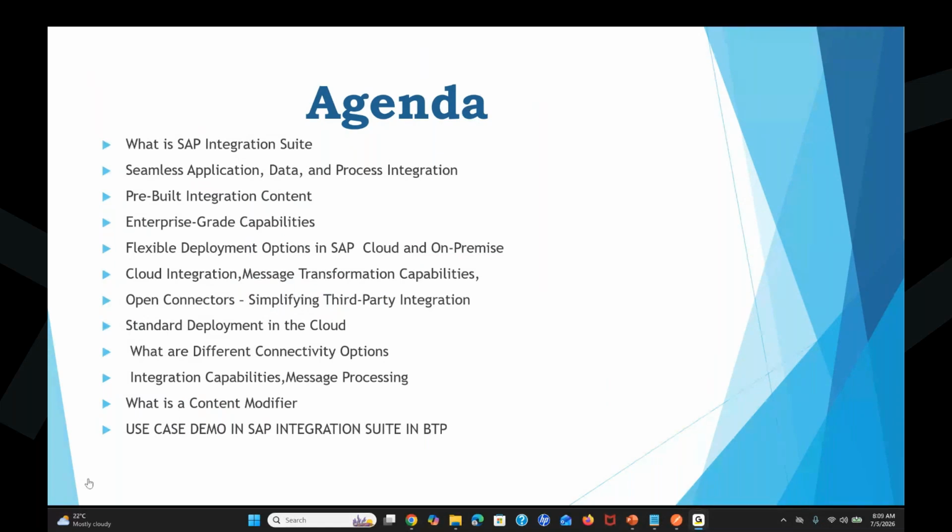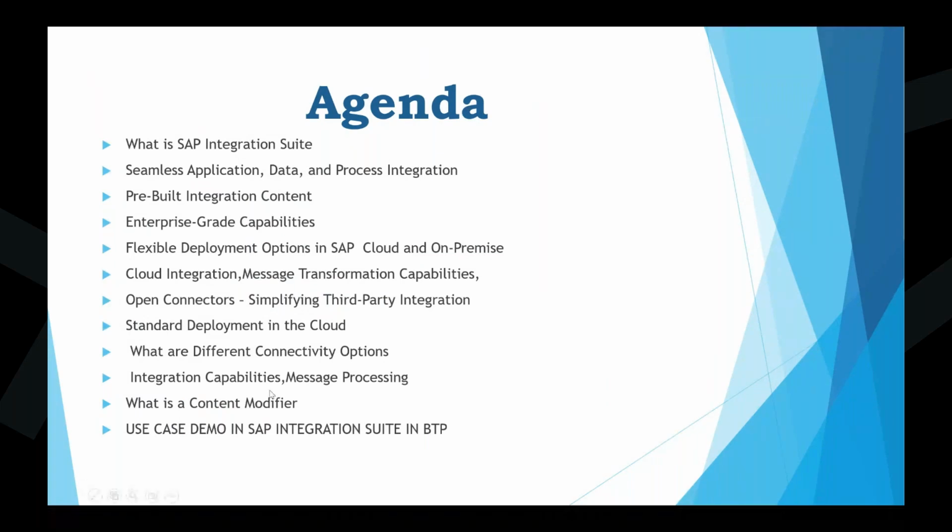Now, we already know that there are very large organizations. Every company uses different software systems: one for HR like SuccessFactors, one for finance like S4 HANA or ECC, one for sales maybe Salesforce, one for procurement like Ariba, and so on.